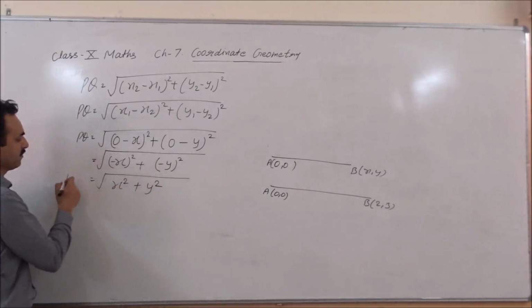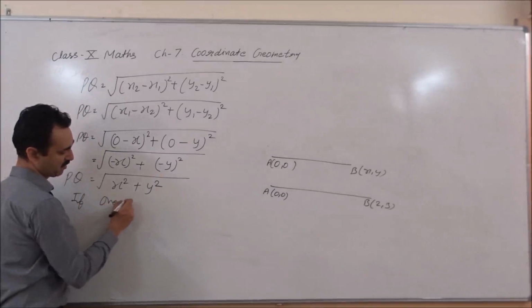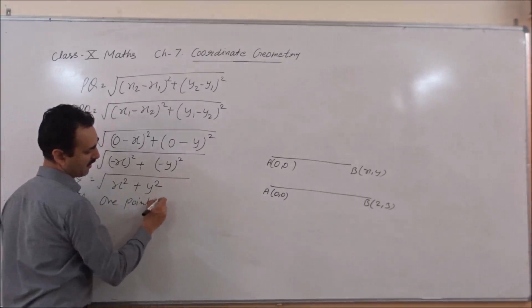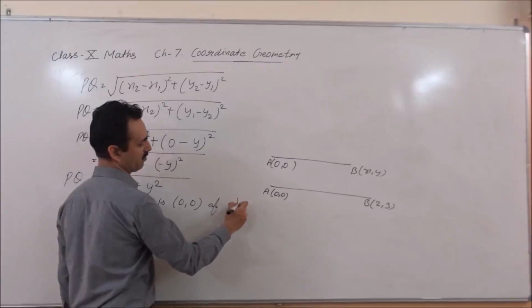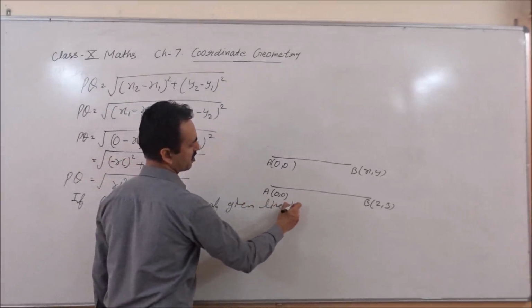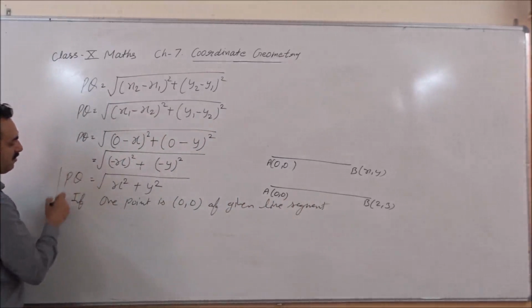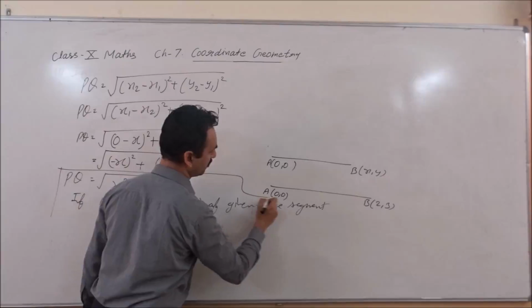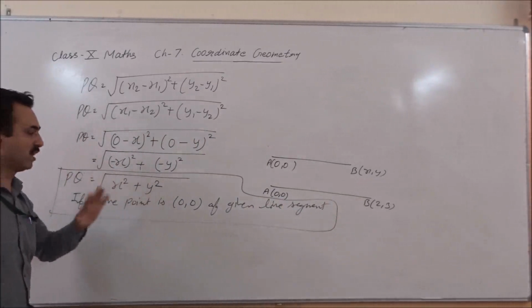So you can see if one point of the given line segment is 0, 0, then PQ can be written as root x square plus y square.